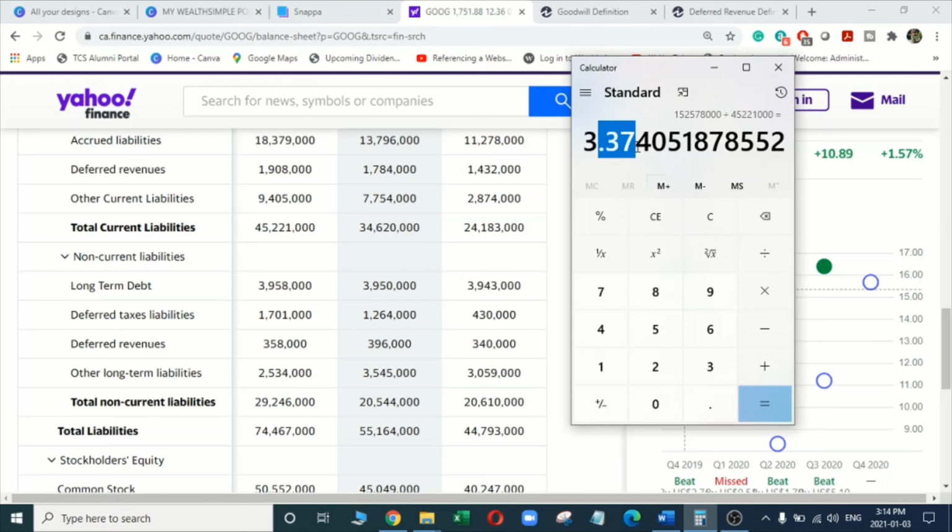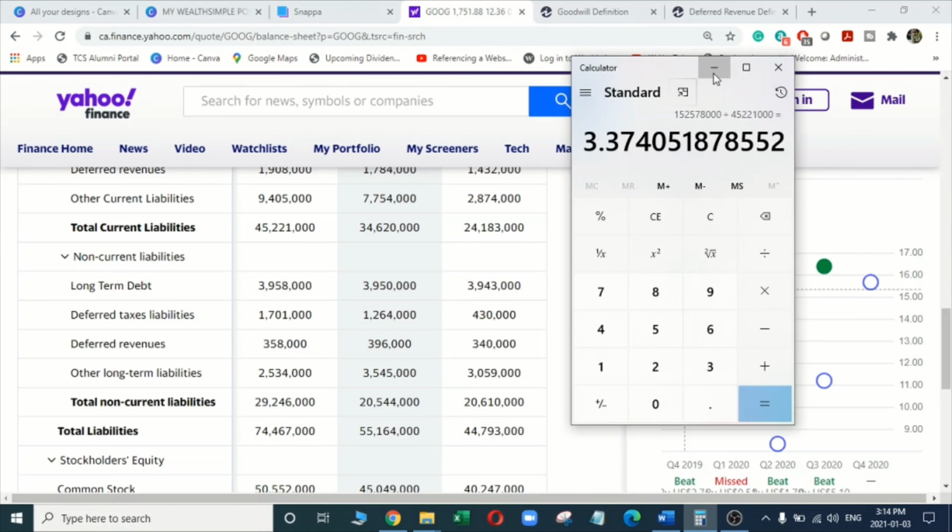So if you want to be an investor, you have to pick such companies which can give you a fruitful return in the long term and which are very low risk, and Google is one such example.